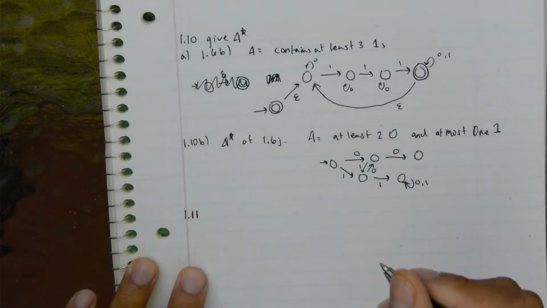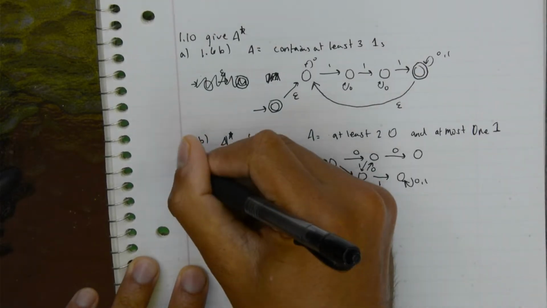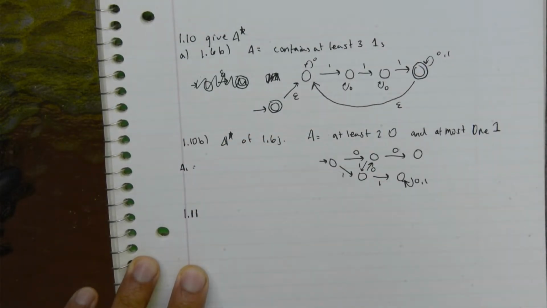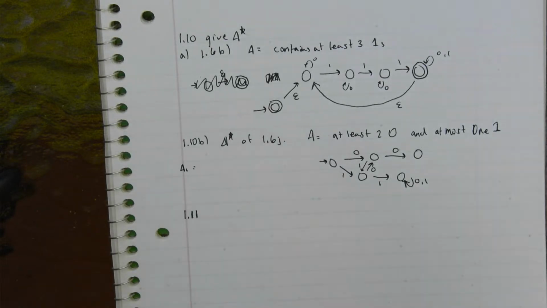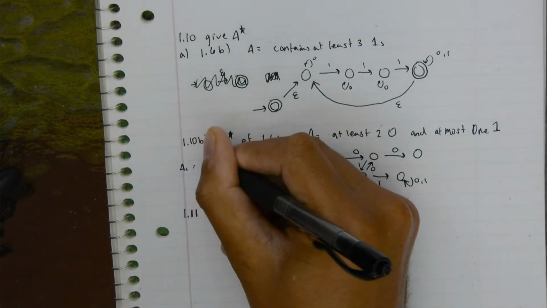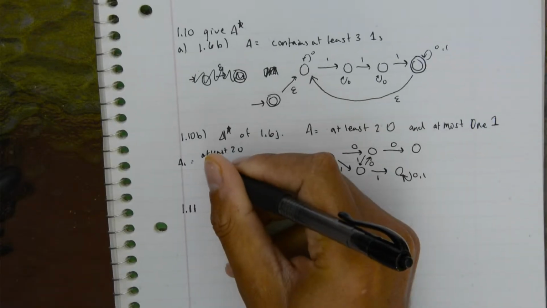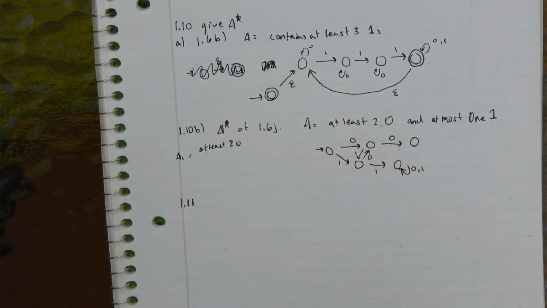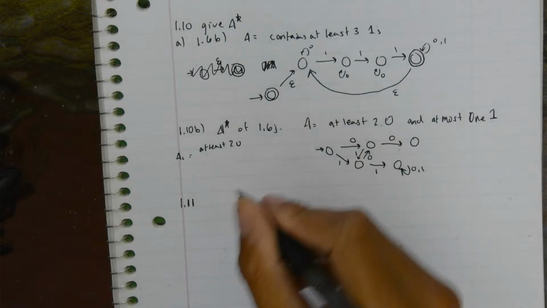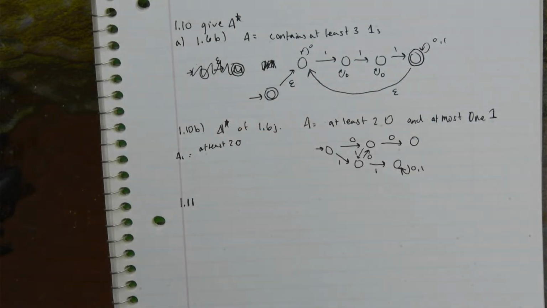Because I think you have to have, like, all right, so let's just do it. So A1, which is at least 2, 0. We're gonna have a DFA, and we're just gonna do the Cartesian product construction. It's like at least 2, 0.